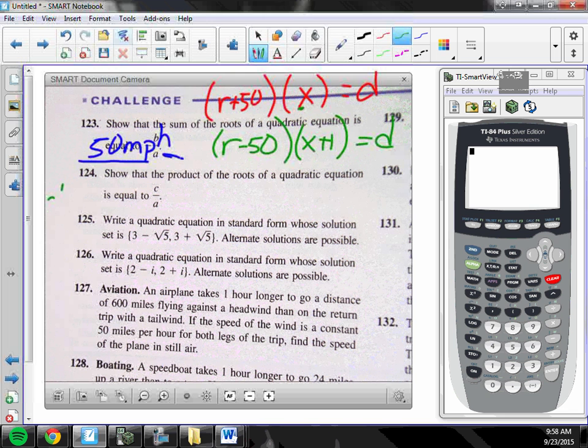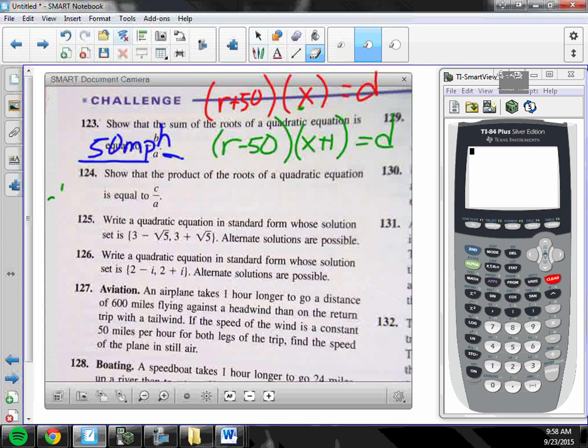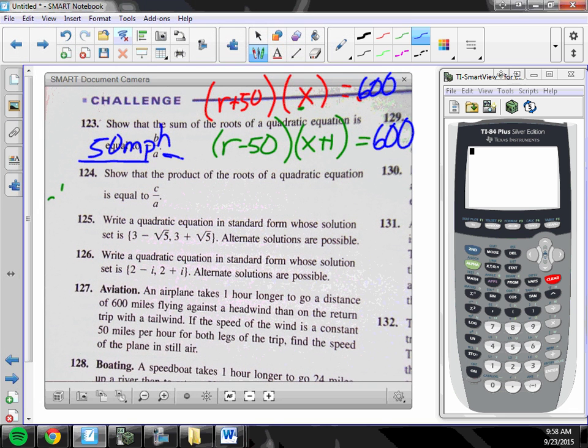So D is 600. Good. So if we go up here and change this to 600, now I have two equations and two variables.